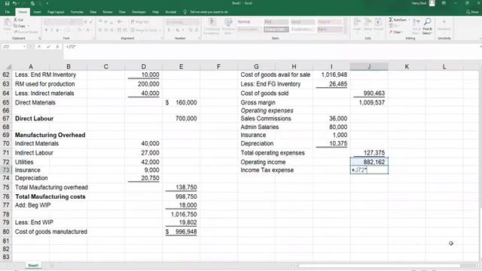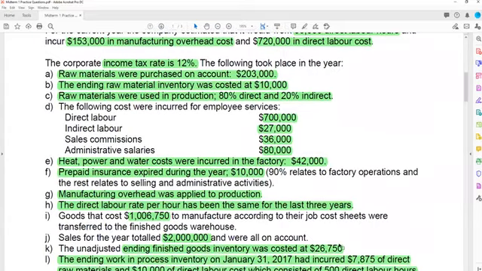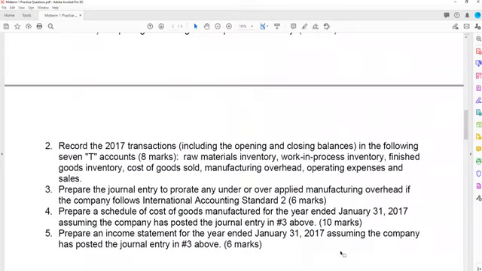Calculate 12% of 882,162, get 105,859, subtract it from the operating income, and you get net income for the year, 776,303. And that was basically what was required in this first problem.